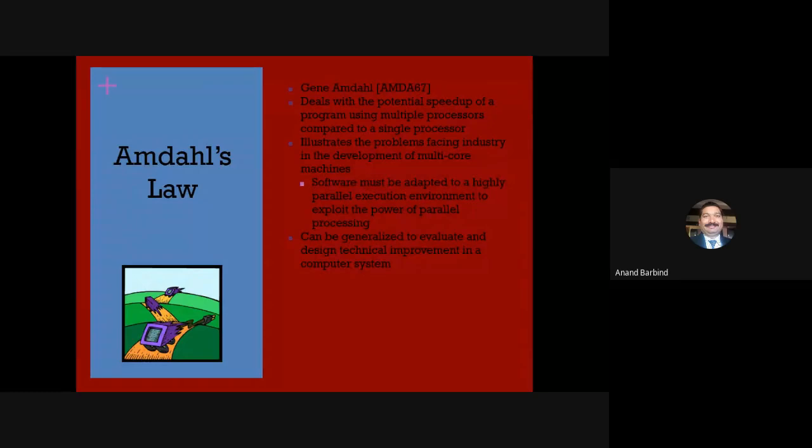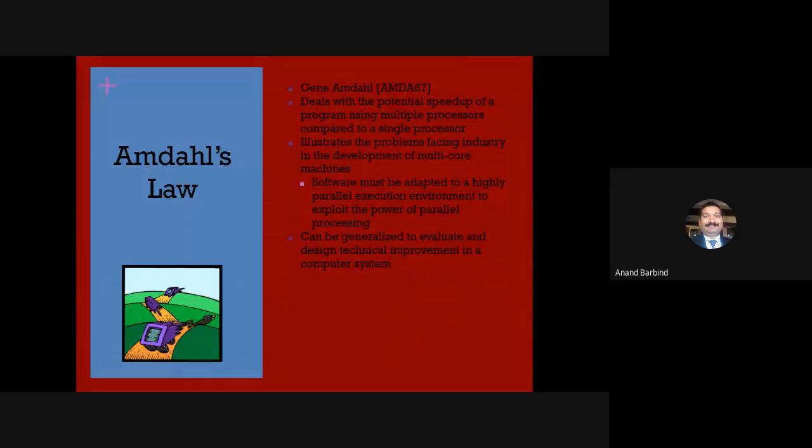Typically, whenever you are going to upgrade your computer, the effect of upgrading on the performance of that particular computer is specified by Amdahl's law. It is by Gene Amdahl. It deals with the potential speedup of a program using multiple processors compared to a single processor.